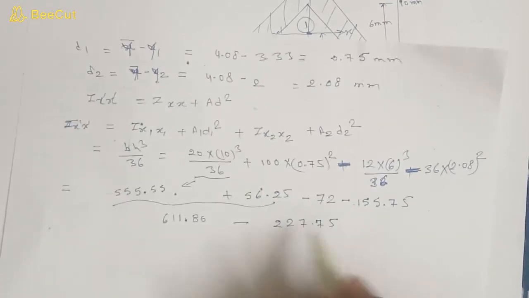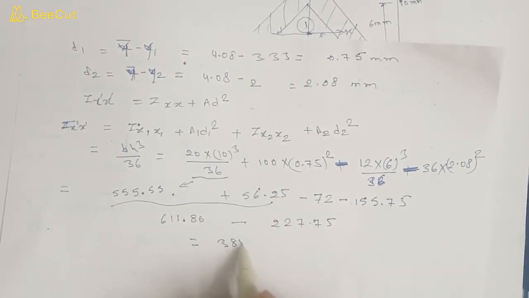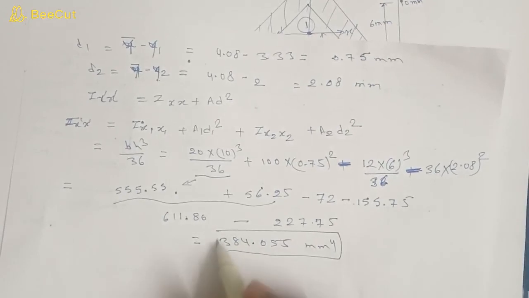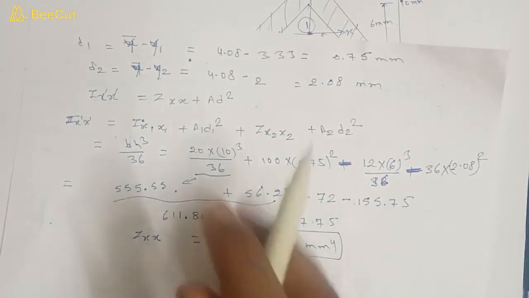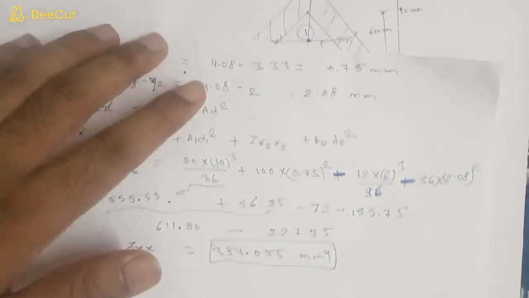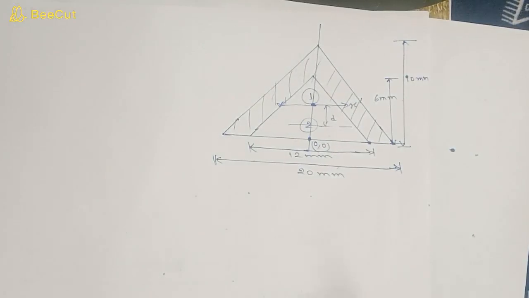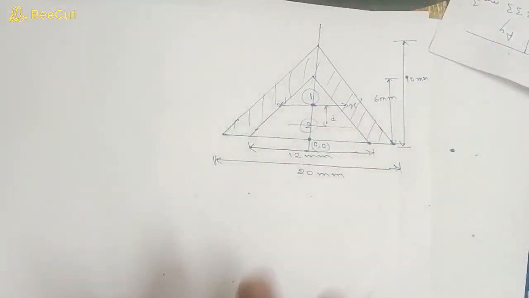If we subtract, then we will get 384.055 mm to the power 4. So this is Ixx, the moment of inertia of this shaded area about its centroidal x-axis. I hope you get how to calculate the moment of inertia of this shape. Thanks for watching this video. Please subscribe to my channel.